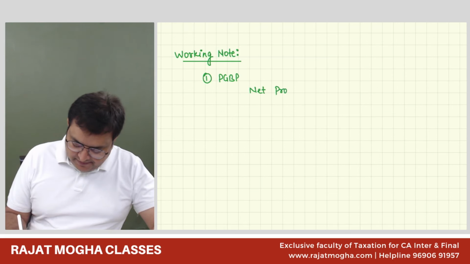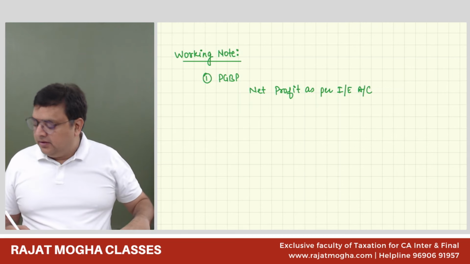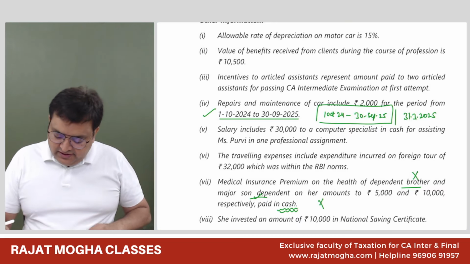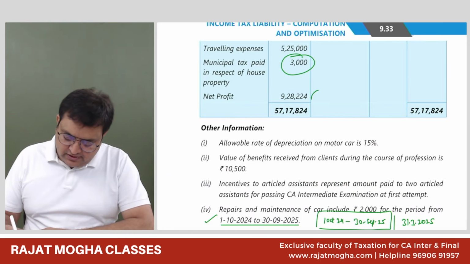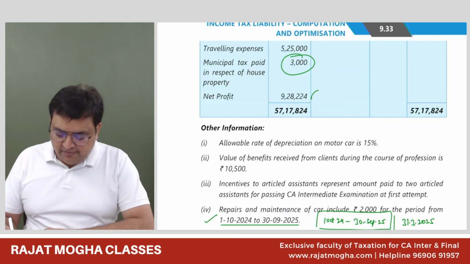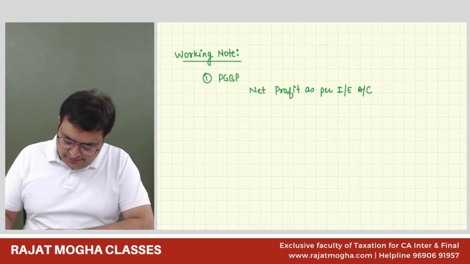Net profit as per P&L account or income and expenditure account, whatever you want to write it. So it is given that the net profit is 928,224. If it is a loss, you can start with the negative amount.